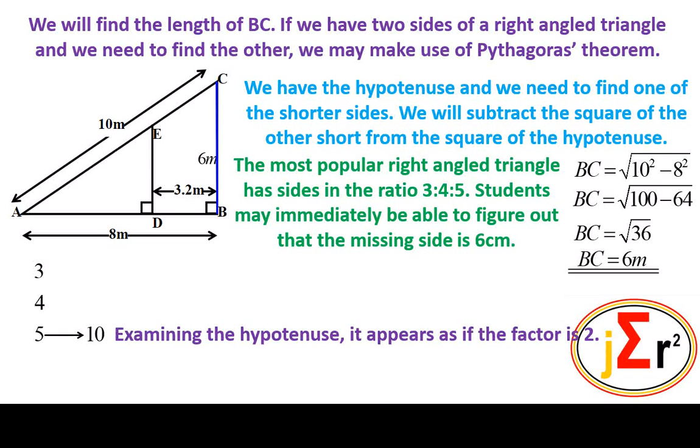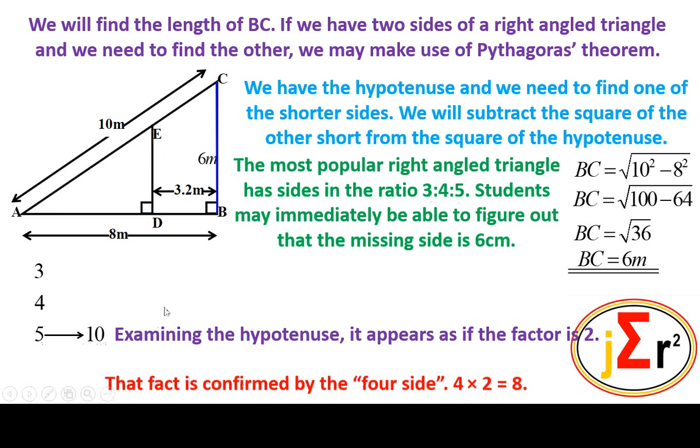That is, the factor linking the actual sides of the triangle to the ratio of the sides of the popular right-angled triangle will appear to be 2. Because if we assume that the 10 meters represents the 5 side, then of course 5 times 2 is 10.